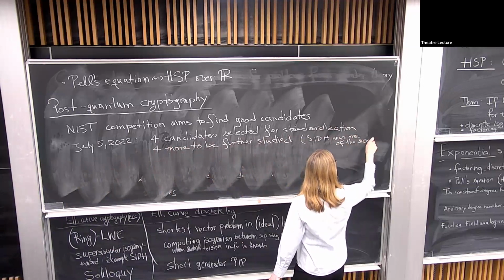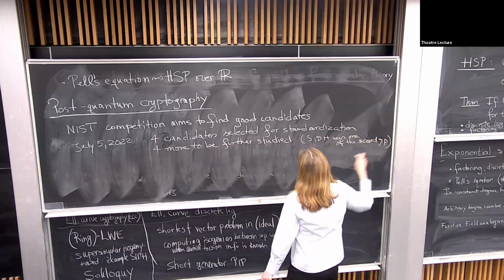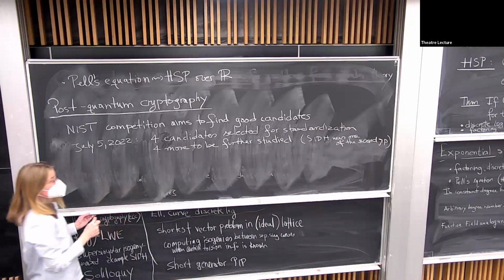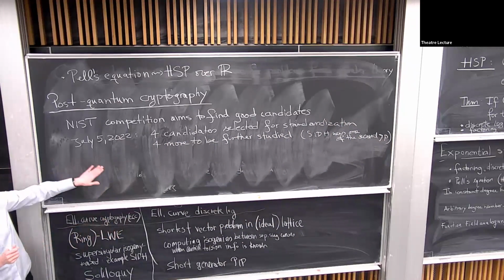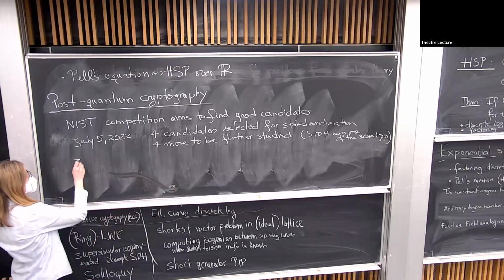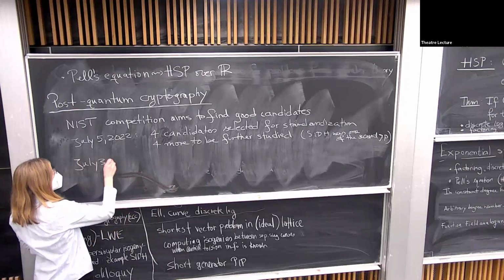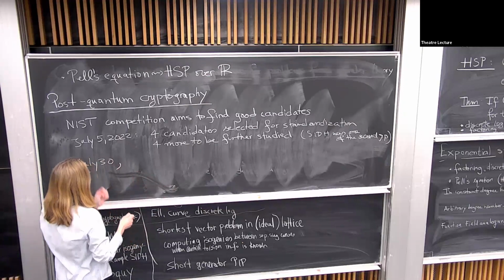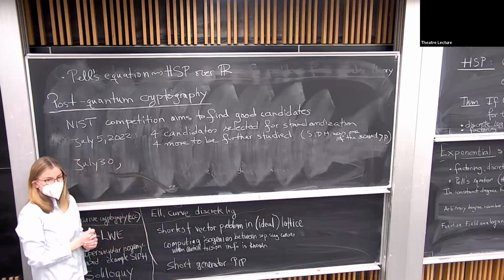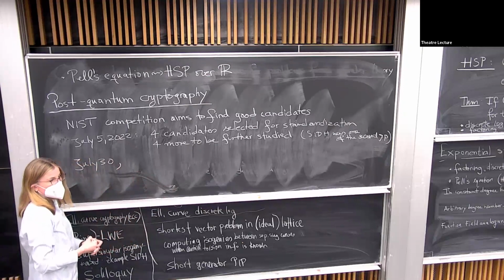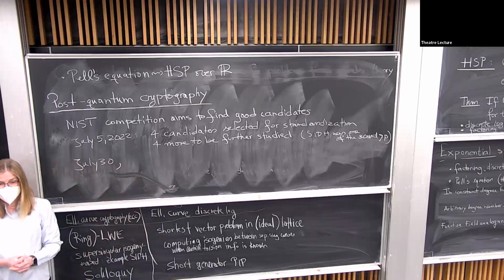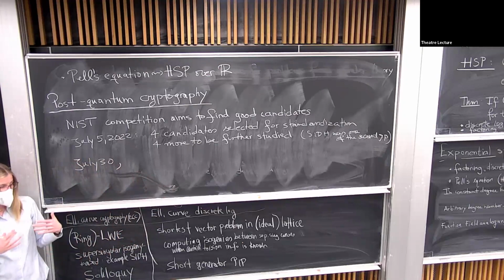Well, I will talk about this in a little bit more detail later, but on July 30th, on the preprint server, there was a paper posted that broke SIDH and broke all the challenges that had been posted. So for some of these systems, they give you cryptographic-size problems and say, this should be hard, and then a bunch of people try to break them.